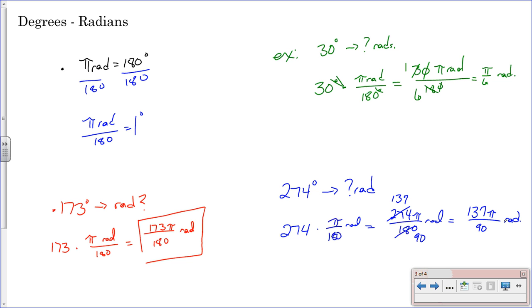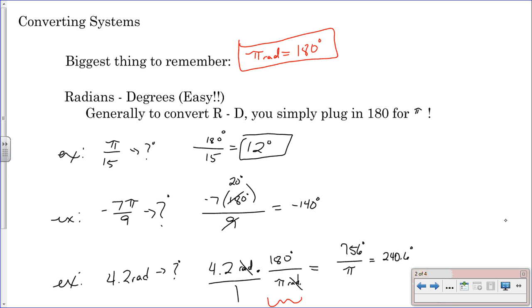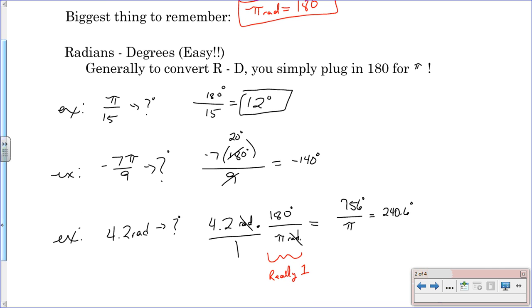So to convert from radians to degrees, if you have pi in your angle, just replace pi with 180 and simply do the math and solve it out. If you do not have pi in your angle measurement, take that measurement and multiply it by 180 over pi, radians cancel out, giving you your degree measure.